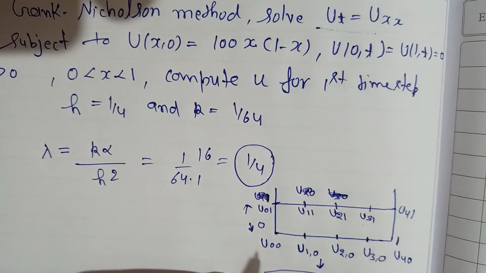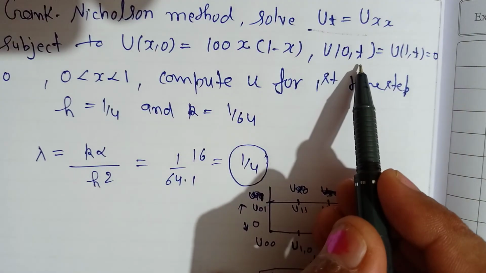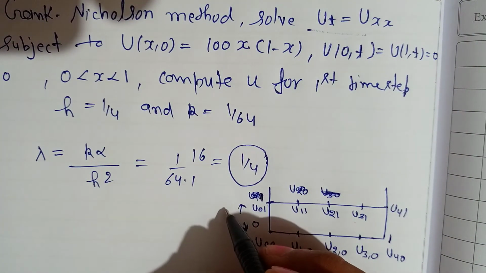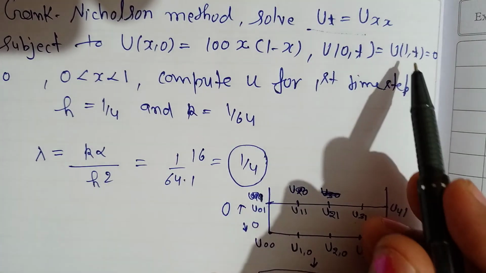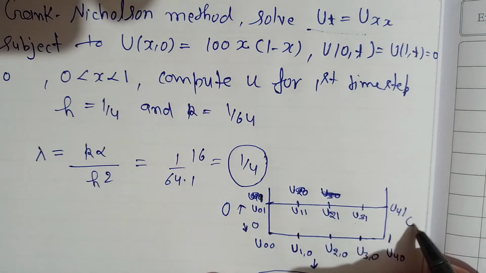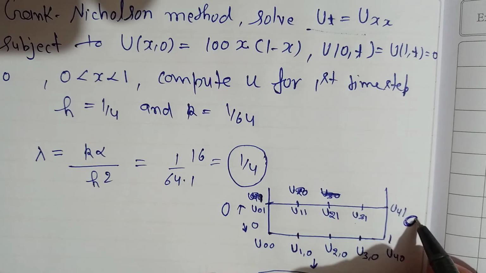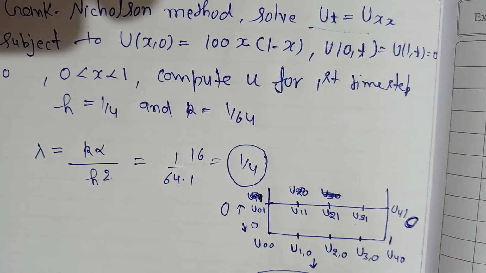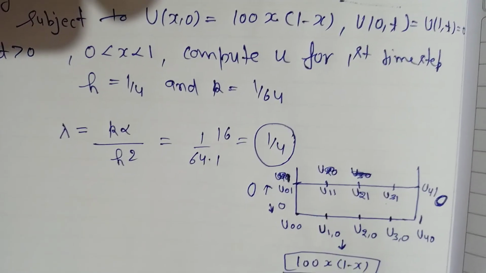Fine. And on the y axis, u(0, t) means x equal to 0, this u value is 0, and u(1, t) is also 0. Okay, so u00 is 0 and u40 is 0. You only have to find u1 comma 0, u2 comma 0, u3 comma 0. So these are the boundary conditions.